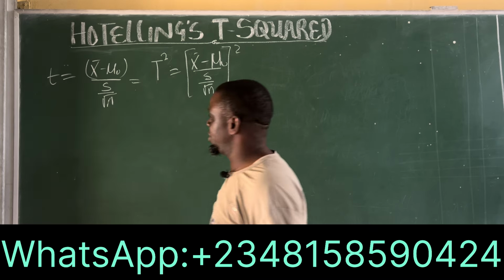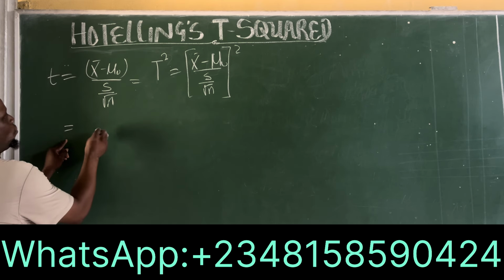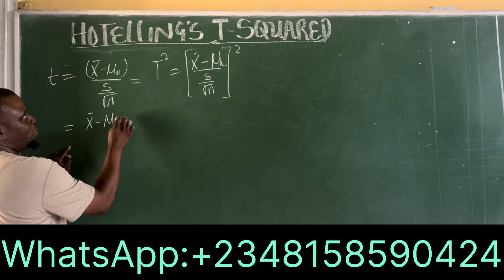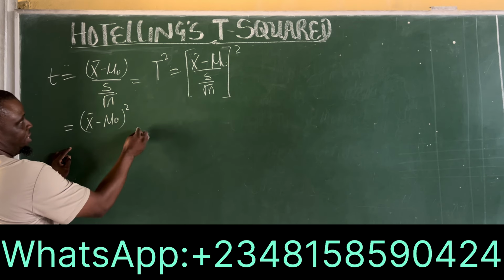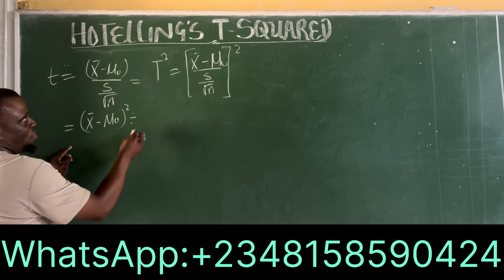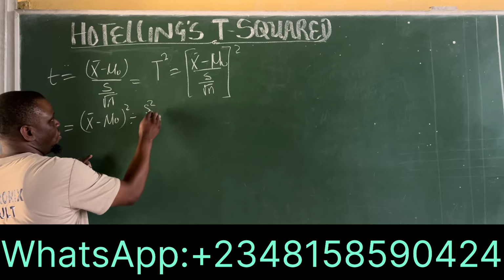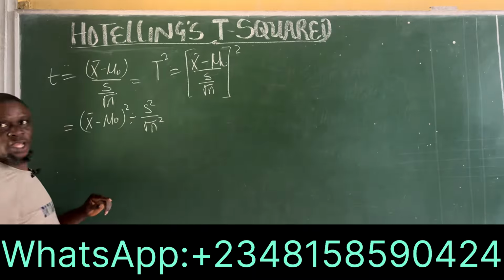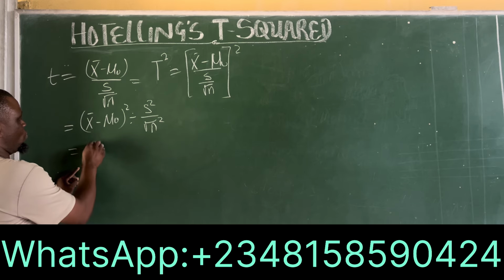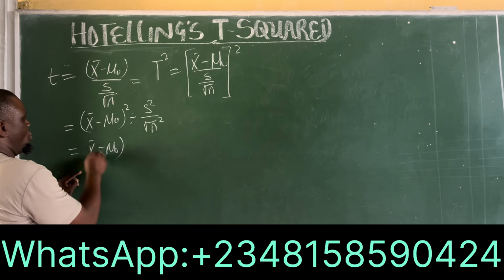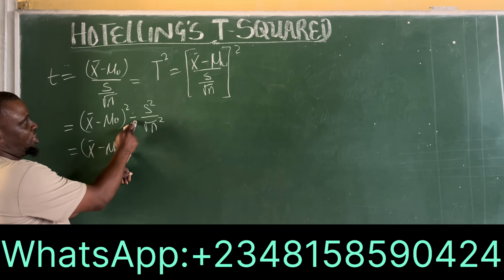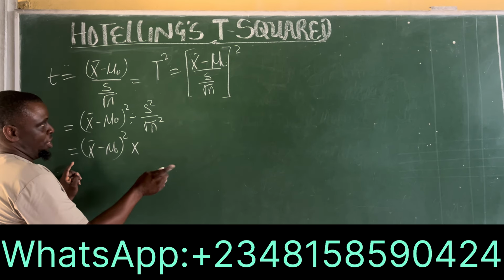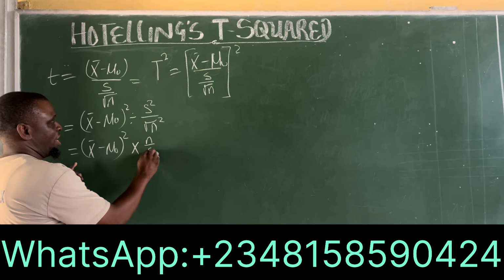And if that happens, it will mean that we'll have X bar minus mu naught squared, divided by S squared over root N squared. Then this will be equal to X bar minus mu naught all squared. Now we can change this, and if we change this, it will be times the square of root N, and that will be N. So we will now have N all over S squared.